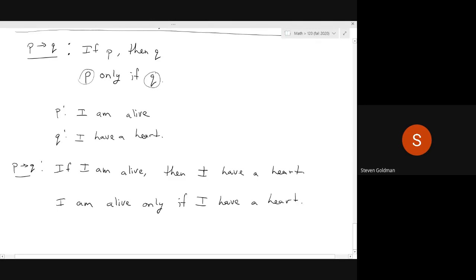I am alive only if I have a heart. If you don't have a heart, then you can't be alive. And that's the same thing the first sentence is saying. If I'm alive, then I have a heart. What was its contrapositive? The contrapositive is the sentence, if I don't have a heart, then I'm not alive, which is the same thing. They're equivalent.